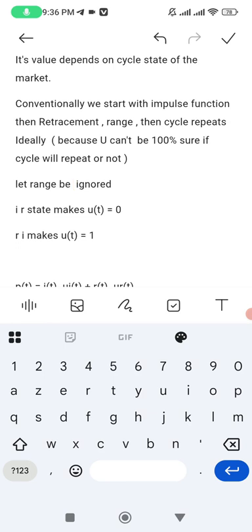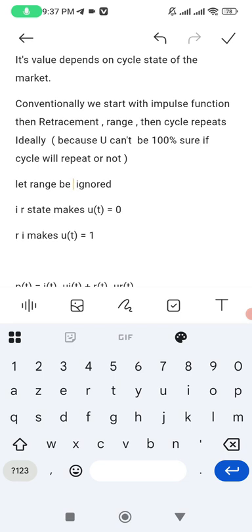Now what does it mean? The impulse-retracement state: when the market impulses and then retraces, then u(t) will approach 0. It means u(t) is about to approach 0, because this time around the retracement is being switched off. That's what it means.